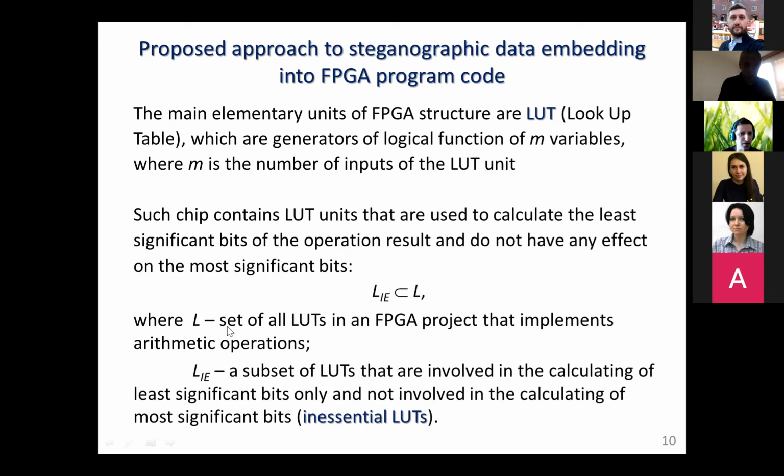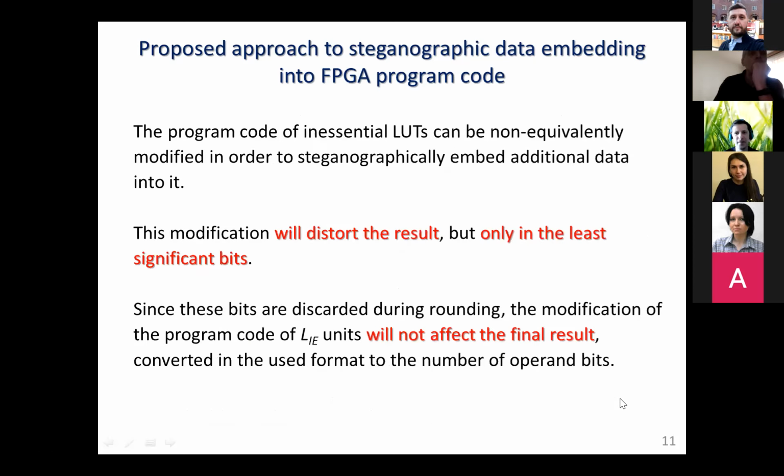L is the set of all LUTs in the FPGA project, and L_ie is the subset of essential LUTs, LUTs that are involved in calculating the least significant bits only, and not involved in calculating the most significant bits.